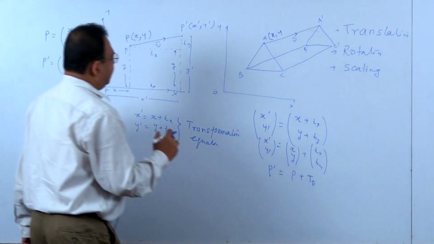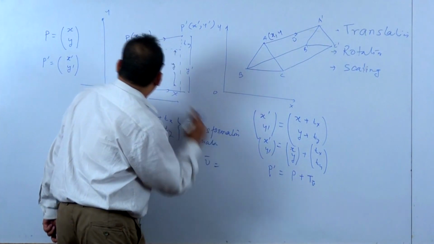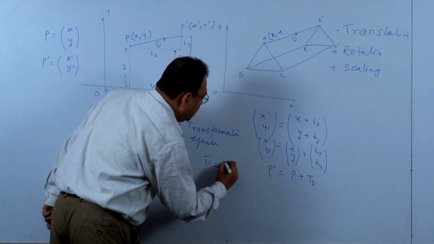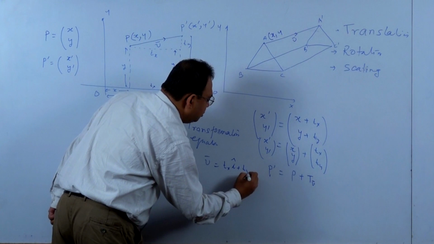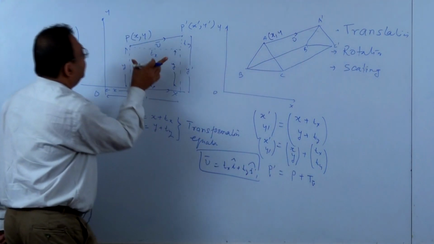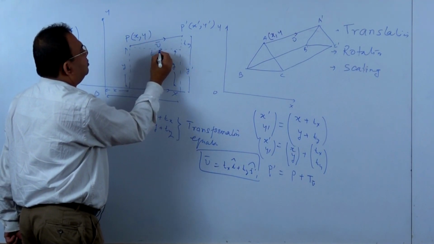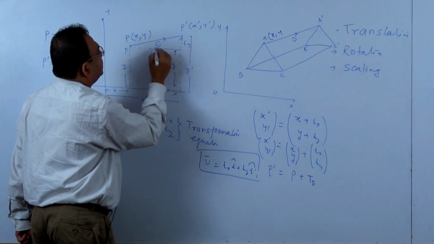Now what is the specification for V in this case? V is given as a vector which is nothing but Tx i cap plus Ty j cap, because you know that this vector is the sum of this vector plus this vector.